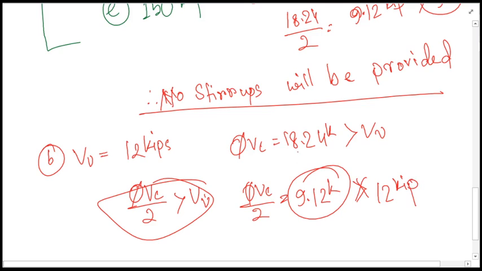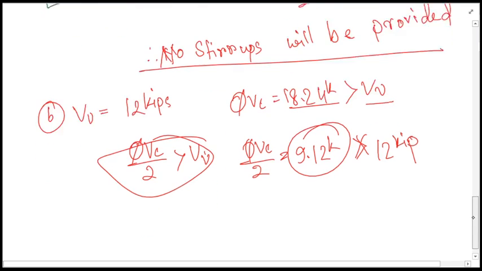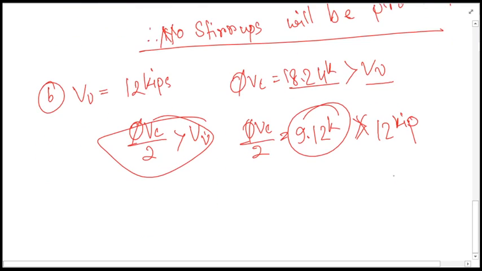Although this value is greater than VU and theoretically you don't have to provide any shear reinforcement, the code says that if 5VC by 2 is not greater than VU, then you will still have to provide the minimum shear reinforcement within the beam.